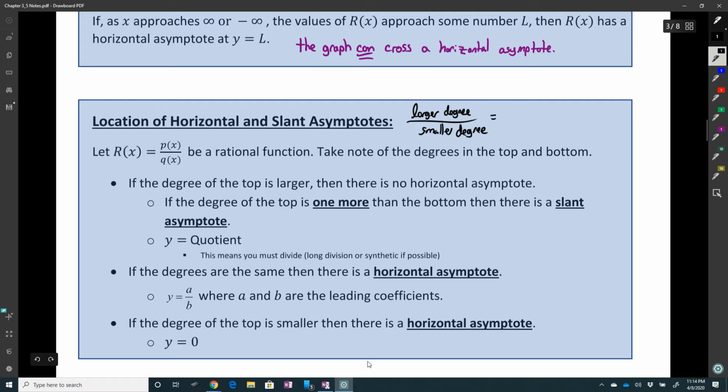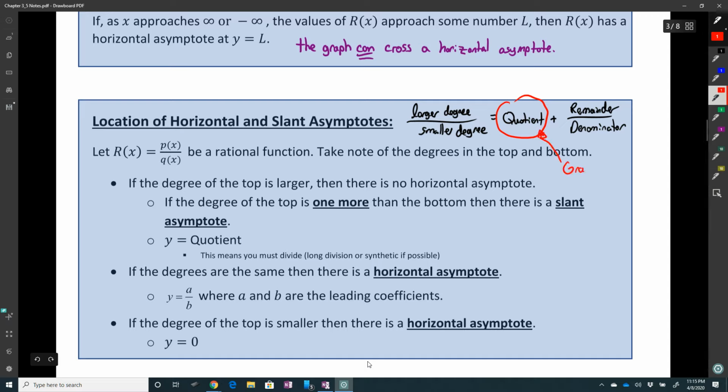Whenever you divide the two, again with long division, like we did 2 sections ago, it's the quotient plus the remainder over the denominator. And it turns out that this quotient is what the graph looks like.